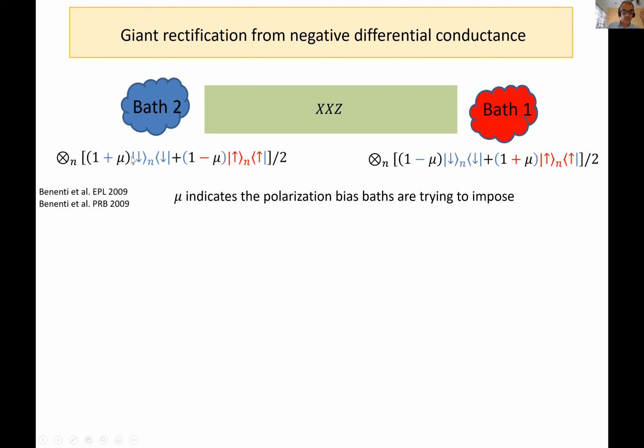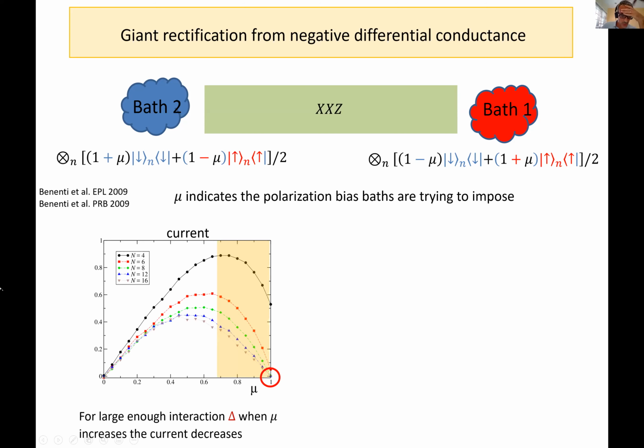As you change this value of mu, you change the bias, and so the driving between the left and the right-hand side. What they observed, this is current versus mu, for different system sizes, is that the current will increase as you increase mu, but then eventually for mu equal to 1, the system becomes an insulator.